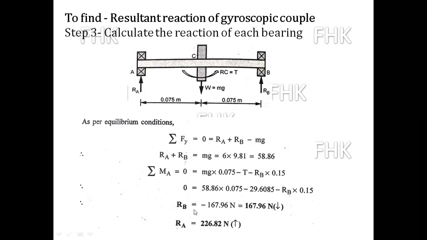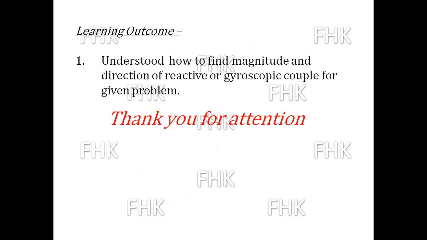So this is our final answer, Ra and Rb. In this numerical, the most important thing is to find the direction of the reactive couple by the procedure given in today's lecture. At the end of this session, students can understand how to find out the magnitude and direction of a reactive or gyroscopic couple for a given problem statement. Thank you for watching this video.